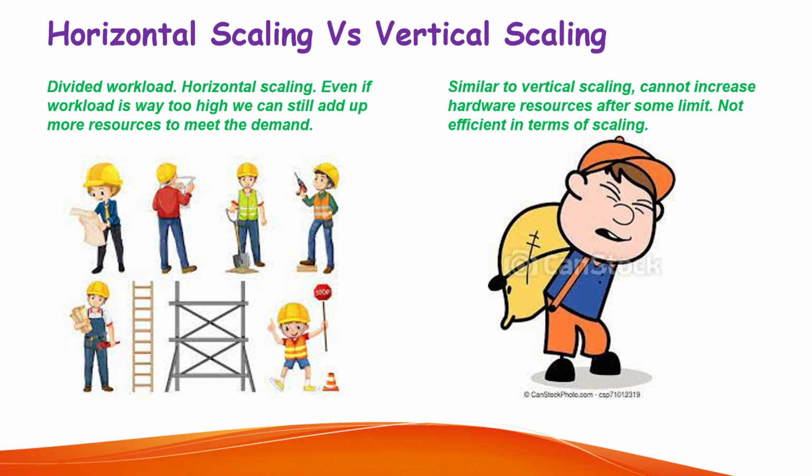How does this workload get divided? That is a different concept of system design. We'll come to that. That comes as part of your load balancer. But since there are, let's say, 10 such nodes which can cater around 700, 800 requests on a daily basis, it becomes easier to define.